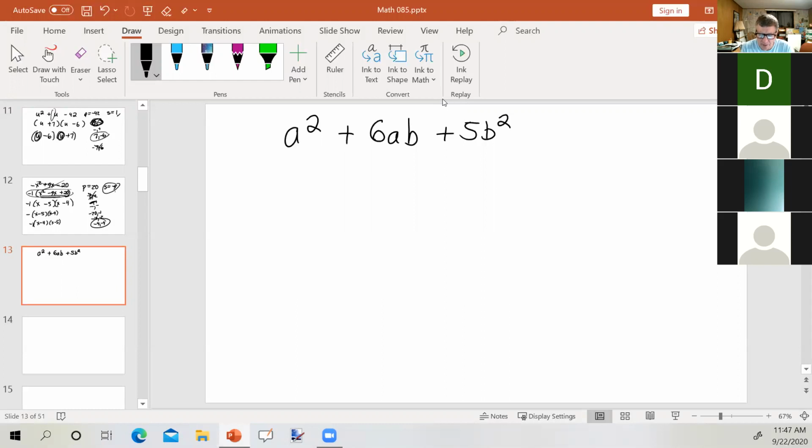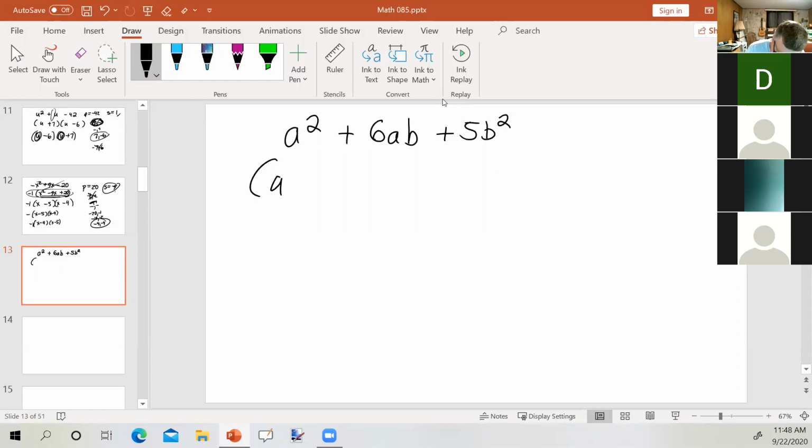Going from left to right, we have a squared in the first term, just a in the second term, and no a's at all in the third term. Now, it wouldn't be in standard form in terms of b, but as they say on the farm, if it ain't broke, don't fix it. This is in standard form in terms of a, so let's leave it alone and go to work.